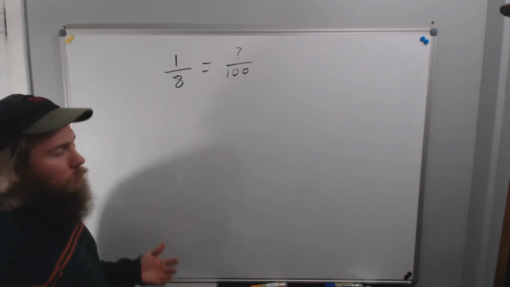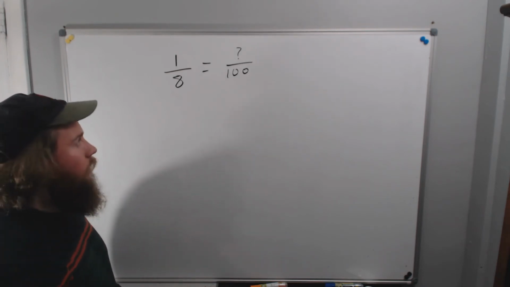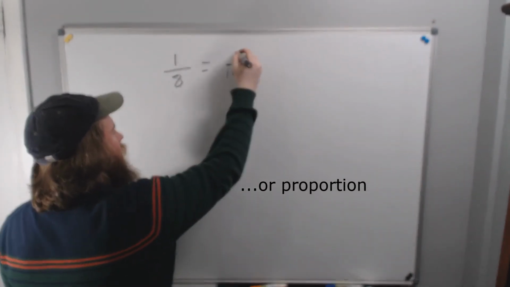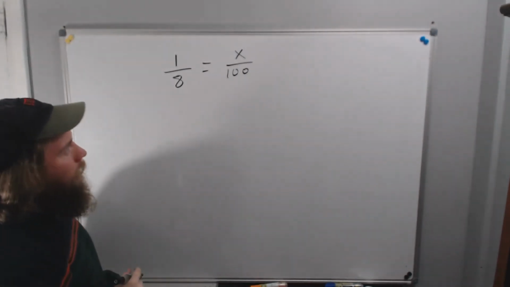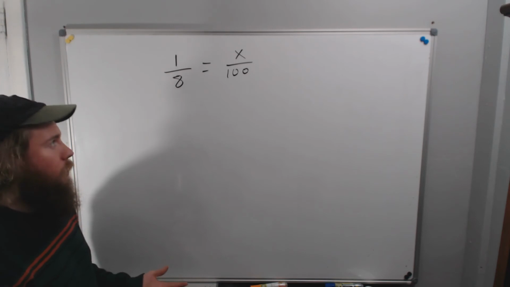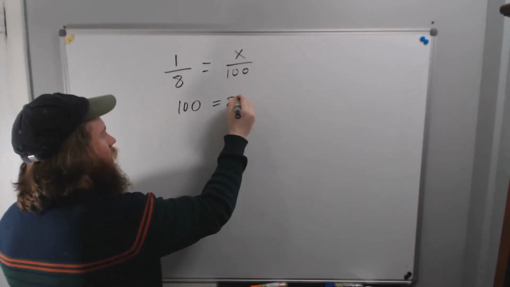Even though we may have been doing this in our heads previously, we really have just been solving this equation. Okay, so I'm going to go ahead and replace my question mark with a variable, and I'm going to cross multiply so that we can solve this equation. Okay, so 1 times 100 is 100. 8 times x is 8x.